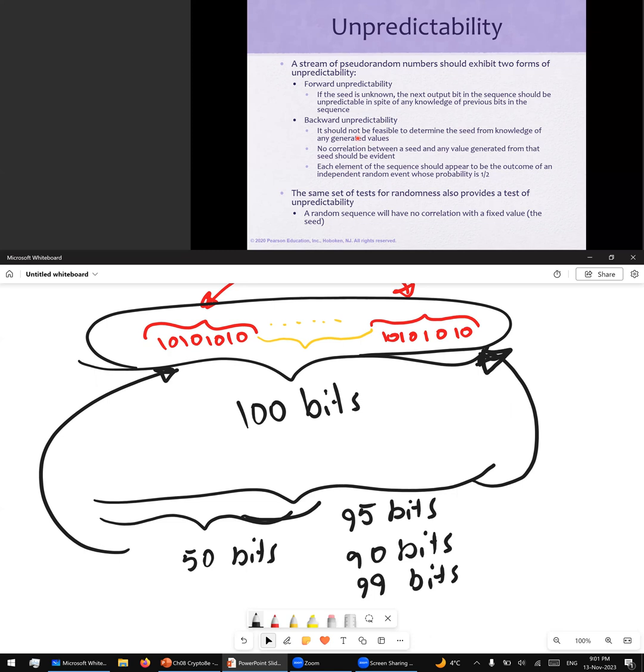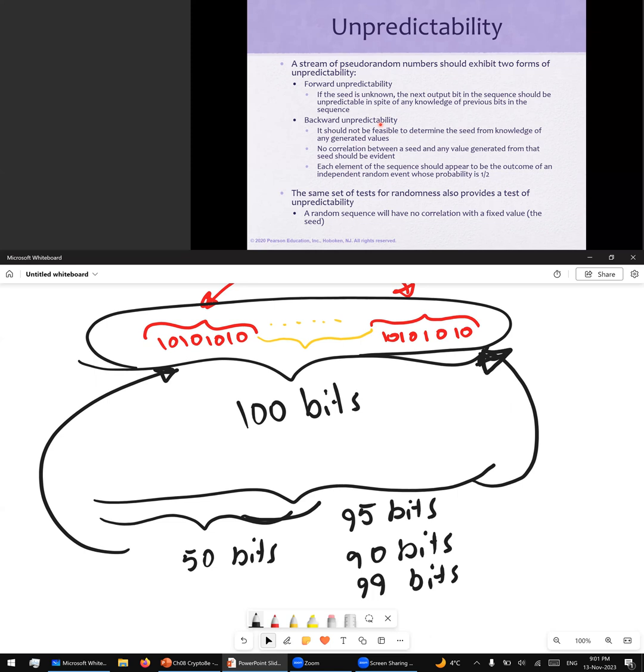Because what we're looking for in a pseudo-random number generator is that the hacker cannot determine what the seed value was just by looking at the output of the random number generator. We want it to be so random that they can't even guess what the seed was. And that's basically what backward unpredictability means. You cannot move backward from the output to the input and determine what the seed was. So that's in terms of unpredictability.